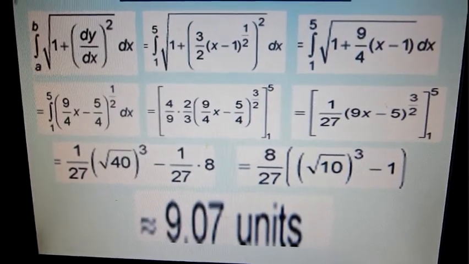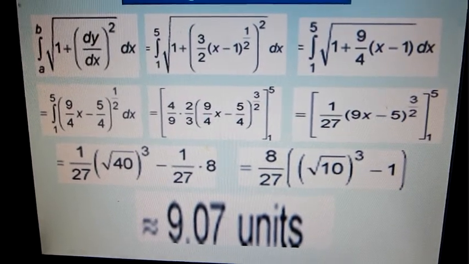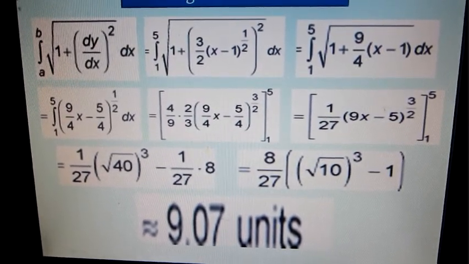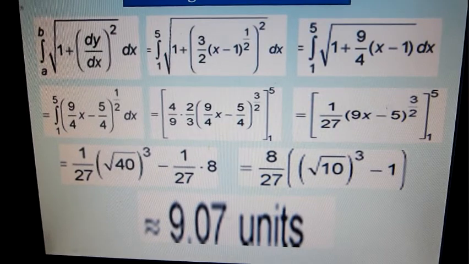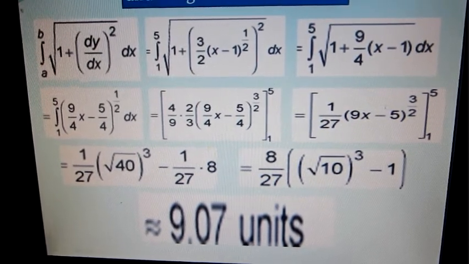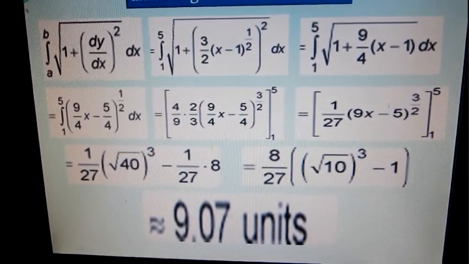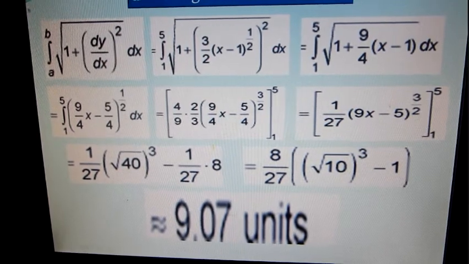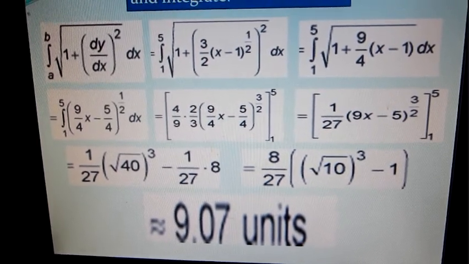Now, if you ever find yourself on a road with the shape of y equals the quantity x minus 1 raised to 3 halves and your odometer is broken, you can figure the exact length of your drive.